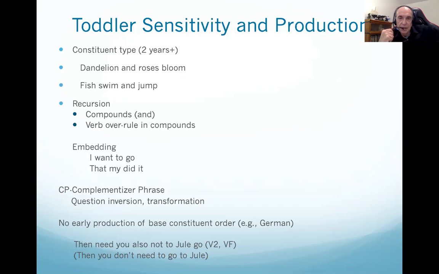By 2.5, something like "my did it" is a problem a child might have in quite pulling together a sentence, but it suggests the effort to embed something in that sentence.